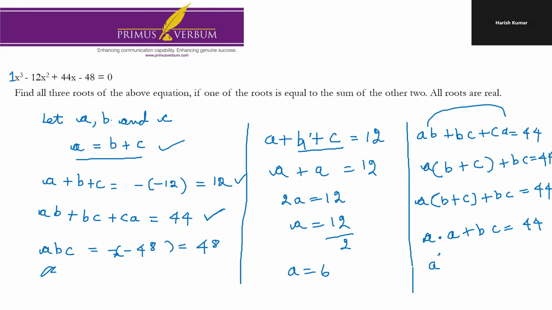That is A squared plus BC is equal to 44. We know that A is 6. So 36 plus BC is equal to 44. That means BC is going to be 44 minus 36.